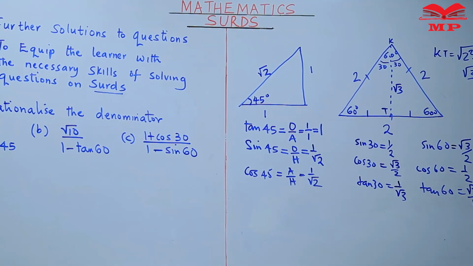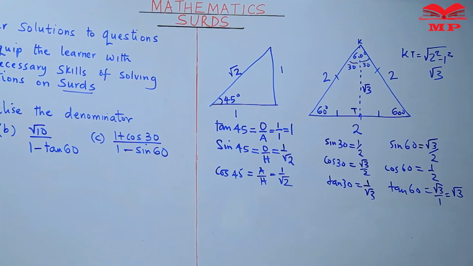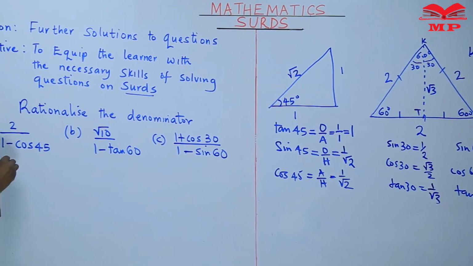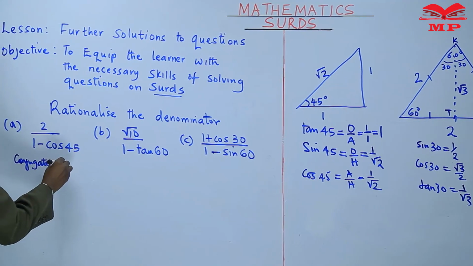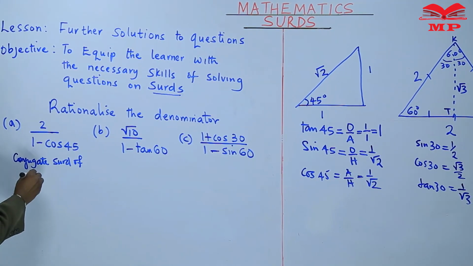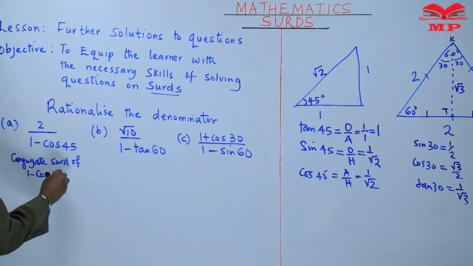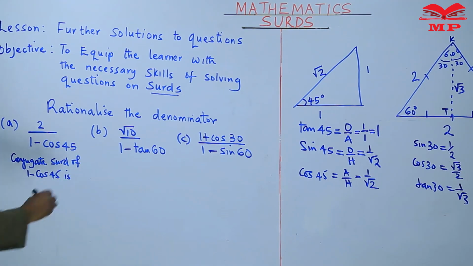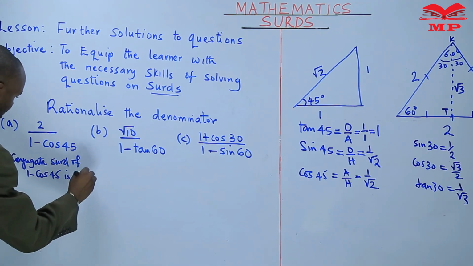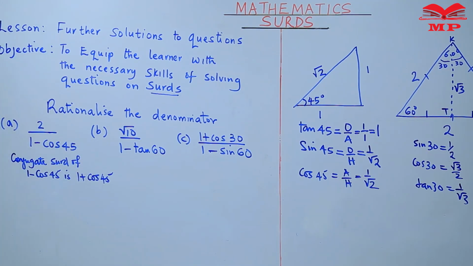The solution, you look for the conjugate surd. The conjugate surd of 1 minus cos 45 is 1 plus cos 45. So it is the conjugate surd that will multiply the numerator and the denominator.